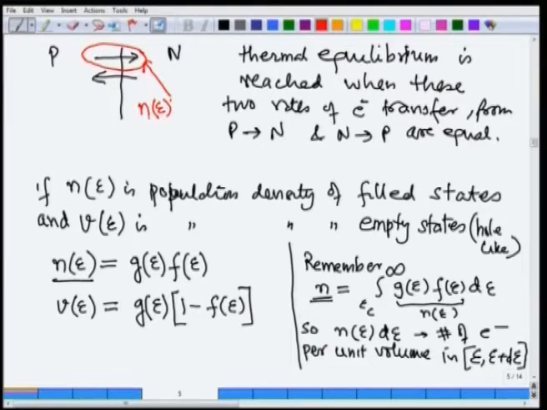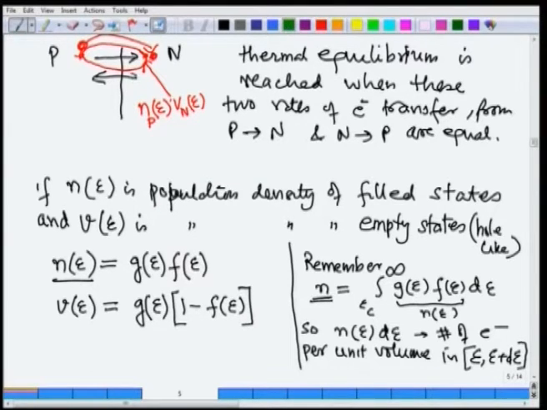On the p side. So I am going to use the subscript p to indicate the side, since we are transferring from the p side. It will depend on the number of vacant sites here, because electrons have to go from here over to here. Whatever the number of electrons here, there must be a vacancy here to take the electrons on this side. So they will depend on n on the p side and v on the n side, the vacant state on this side.